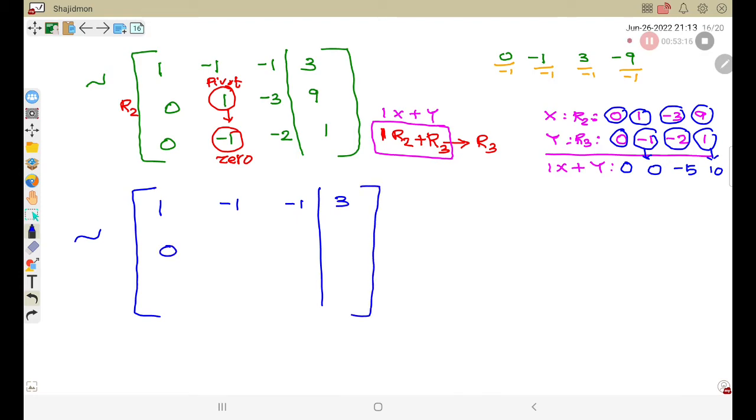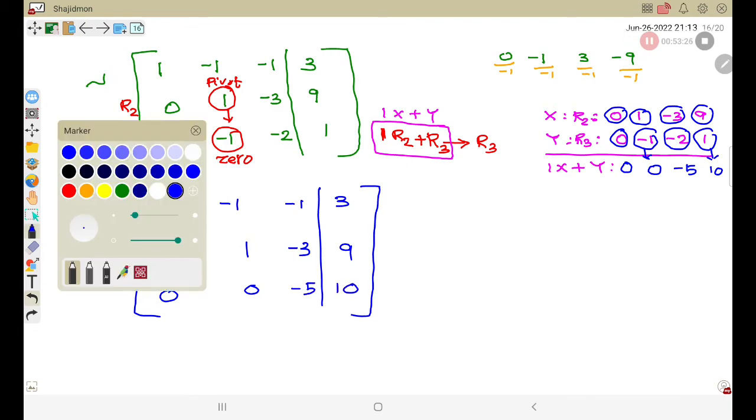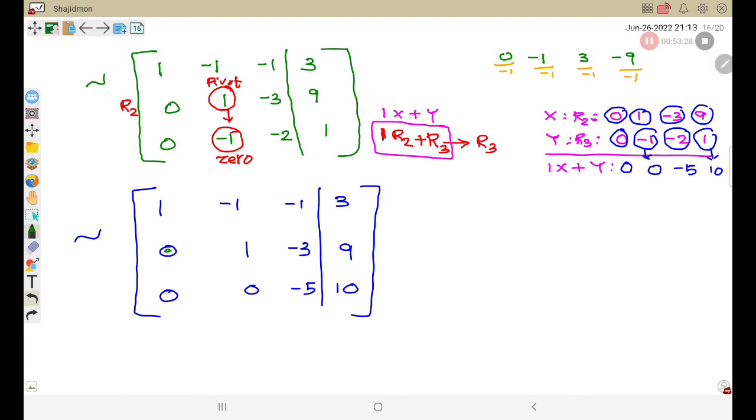Second row 0, 1, minus 3 and 9. Third row, now we changed, 0, 0, minus 5 and 10. So now we got an upper triangular matrix, correct. This number 0, this number 0, this number 0. So our matrix is upper triangular.